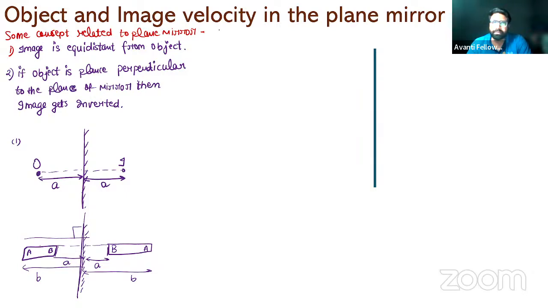Let's just talk about the velocity of image and velocity of object. Here we will use this concept only, the fundamental concept. This is the plane mirror.